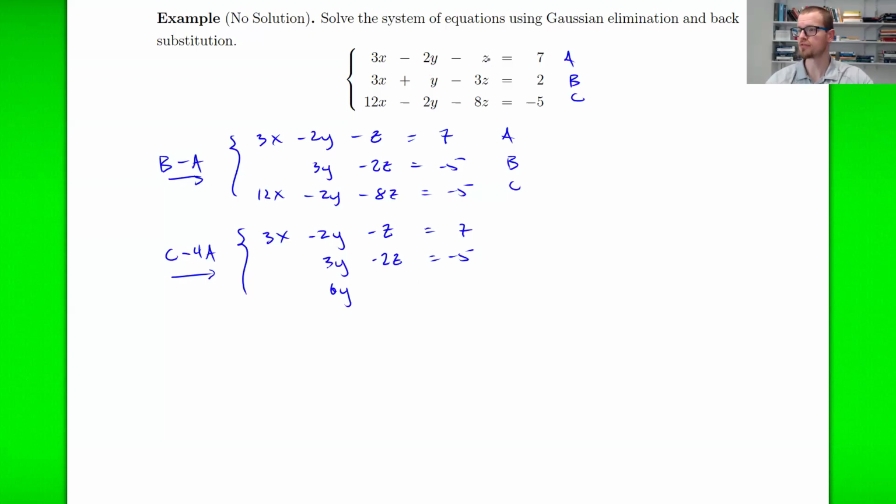Negative 8 plus 4 is going to give us a negative 4z. And negative 5 minus 4 times 7. 4 times 7 is 28, so negative 5 minus 28 should be negative 33. That sounds good.